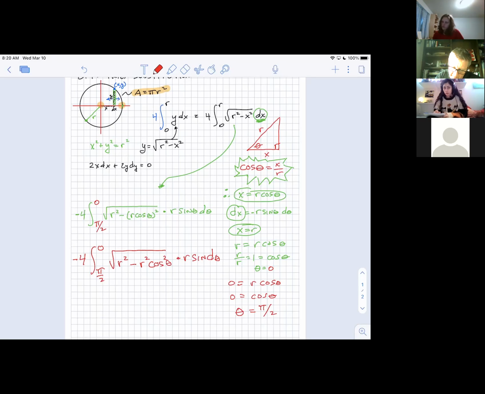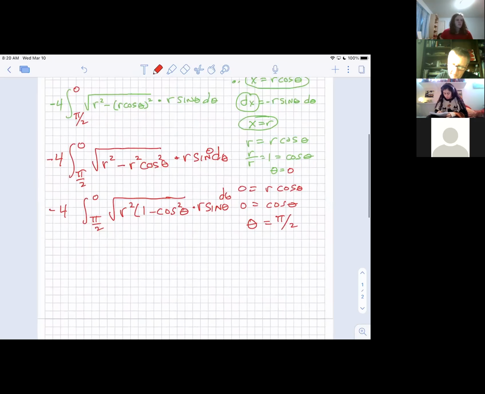And then can't you factor out an r squared from both of those terms, leaving 1 minus cosine squared? If you did not see it before, you should begin seeing it now. Times r sine of theta d theta. It's way too crowded for such a glorious concept.